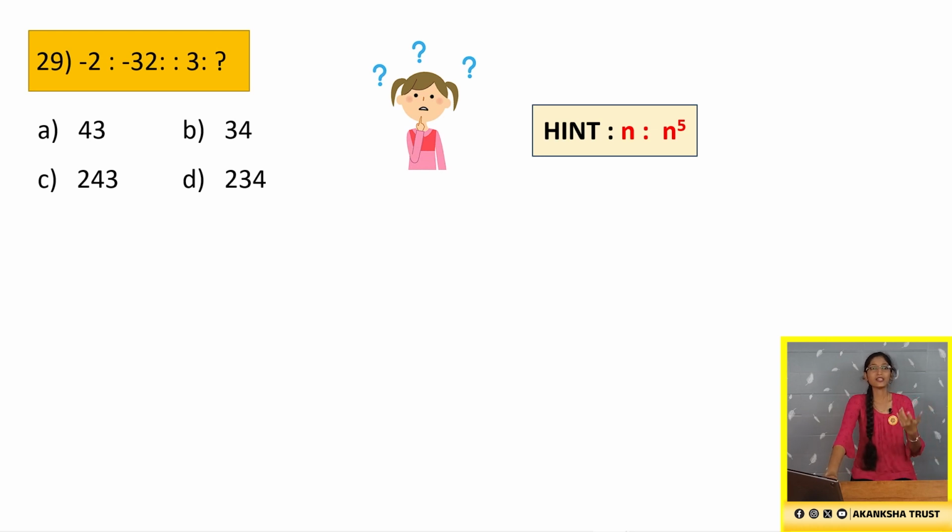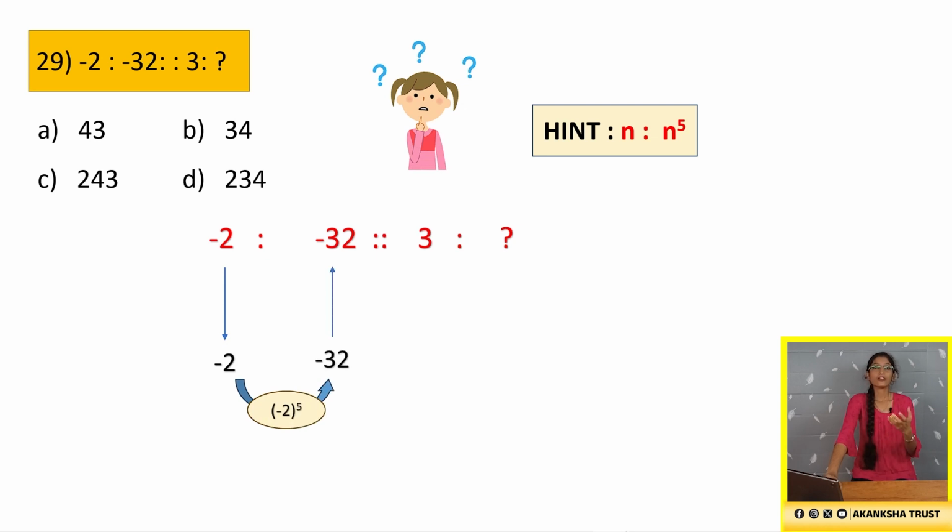I have already told you, 2 to the power 5 is 32. Why minus 32? We are multiplying it 5 times, which is an odd number. If you multiply an odd number of times, you get the minus sign itself. See, minus 2 into minus 2, multiplying 2 times, which is even, gives plus 4. Then 4 into minus 2 gives minus 8, plus into minus gives minus.